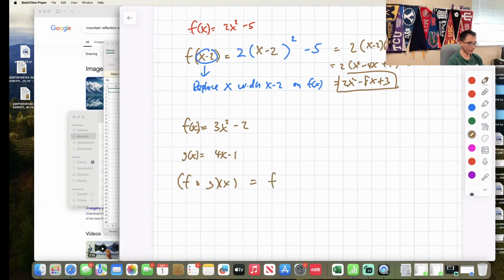F. Every time I see an of, that means parenthesis. And this means g of x. Did I lose anybody? Everybody understand before I go further? Good? Okay, what is g of x in this case? 4x minus 1. So that's going to be f of 4x minus 1.